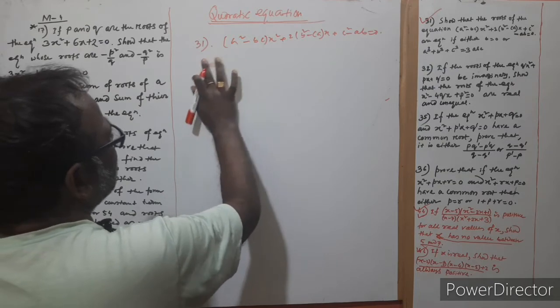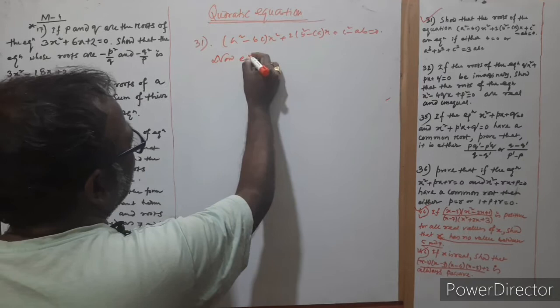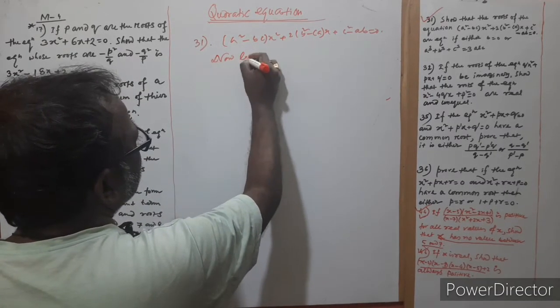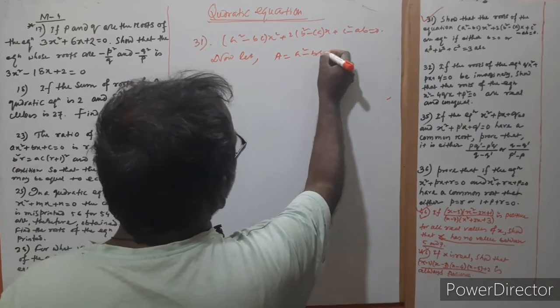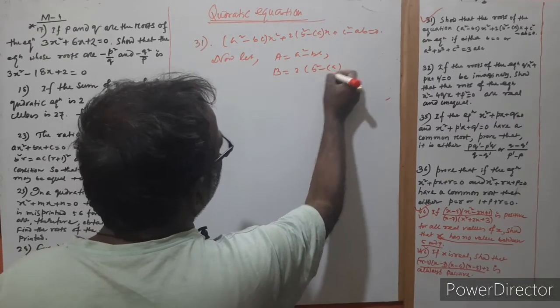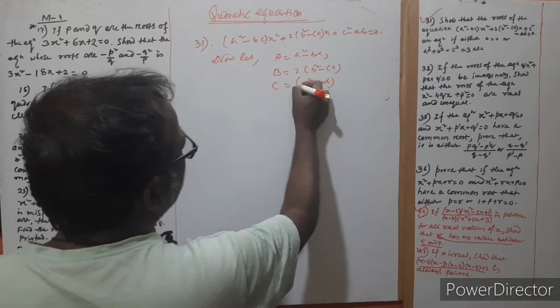Now let a equal a square minus bc, b equal 2 times b square minus ca, and c equal c square minus ab.